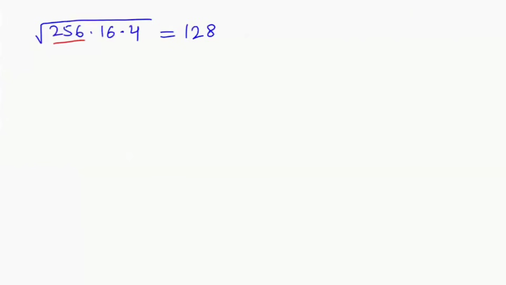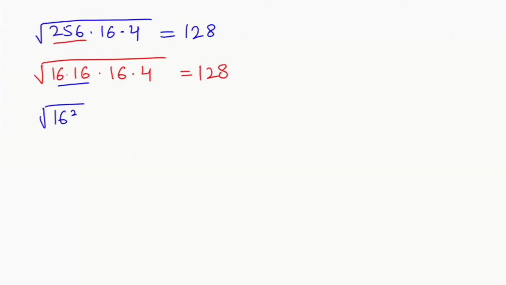Now we are going to split this here. So we write 16 times 16 times 16 times 4 is equal to 128. Again, I am going to apply the radical property here. So I write this in the form of power: root 16 to the power of 2, root 16 times root 4 is equal to 128.